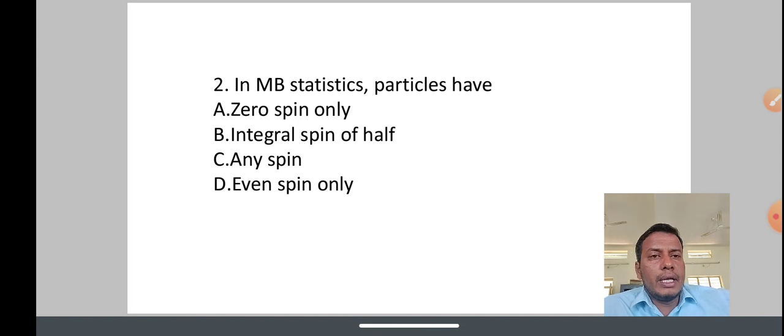It is applicable to any spin, the particles can have any spin.